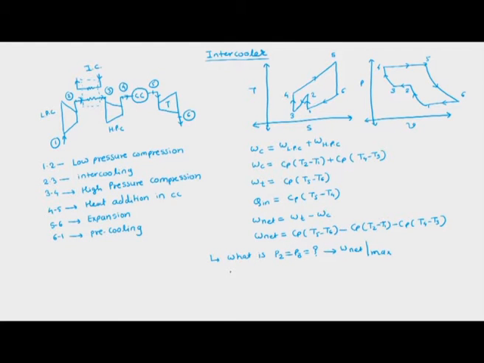So for this question of what would be the intercooler pressure to get the maximum W net, we have to follow the same procedure that we followed for the reheater. So W net is equal to Wt minus Wc.